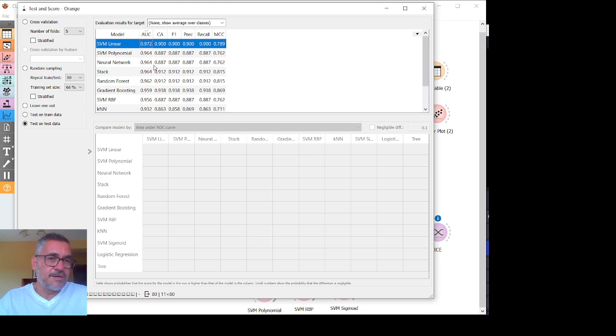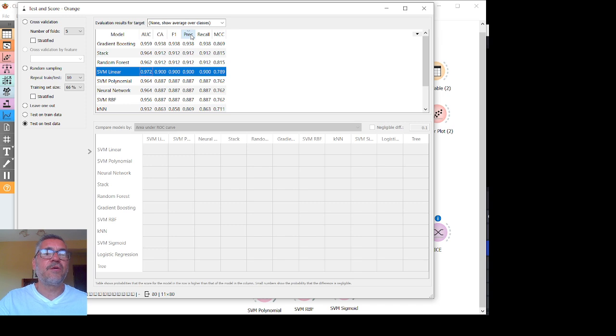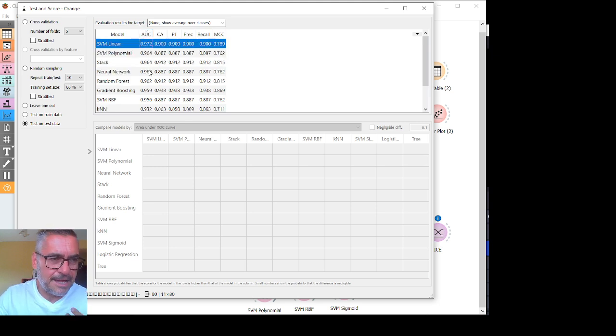Okay, according to these results. If we select the best model according to the precision, then the gradient boosting is the best model. According to recall, again, the gradient boosting. But I told you this depends on the type of problem we have at hand.